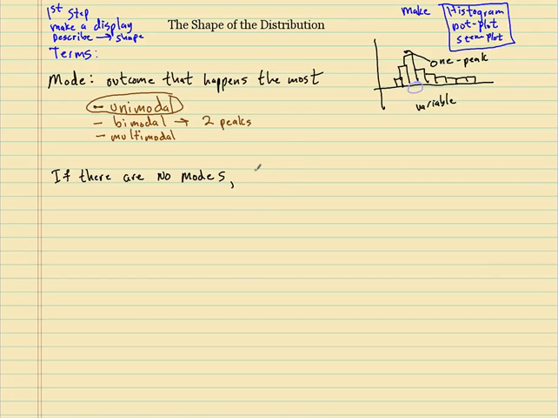So if there are no modes, the height of the rectangles, or the bins, are about the same. You have to know that. That's very important. And we call that uniform.